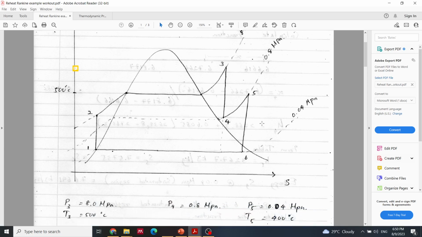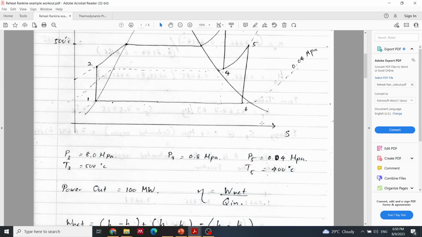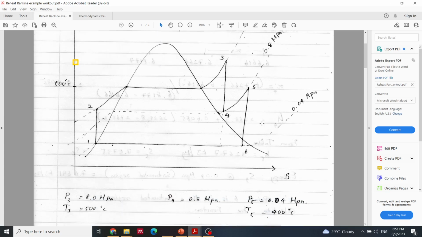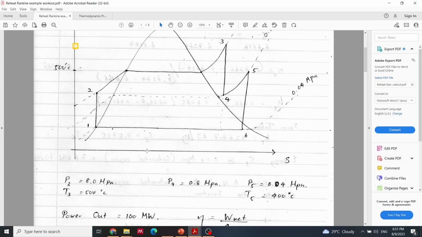So this is what the question provides. P3 is 0.8 megapascal and temperature is 500 Celsius, and we also know the pressure at 4 is 0.8 megapascal, and the pressure at 5 should be 0.04 and 400 Celsius.